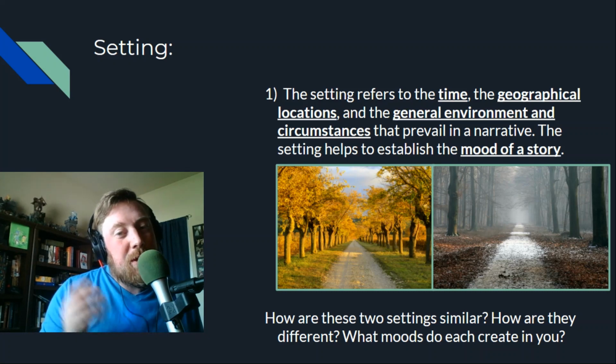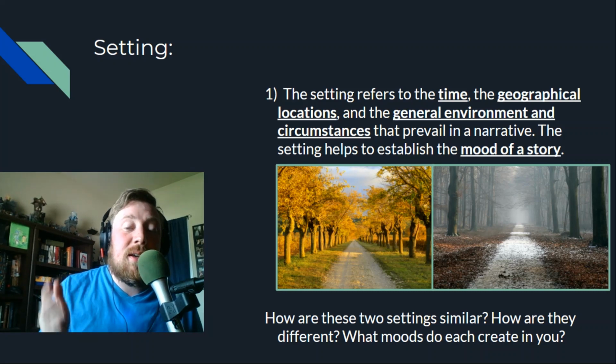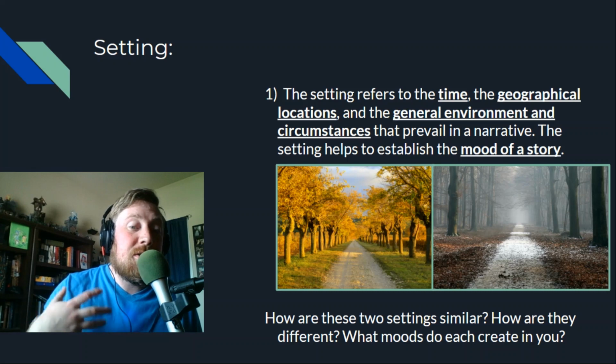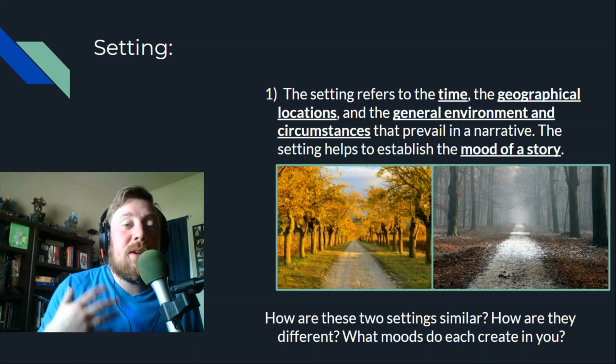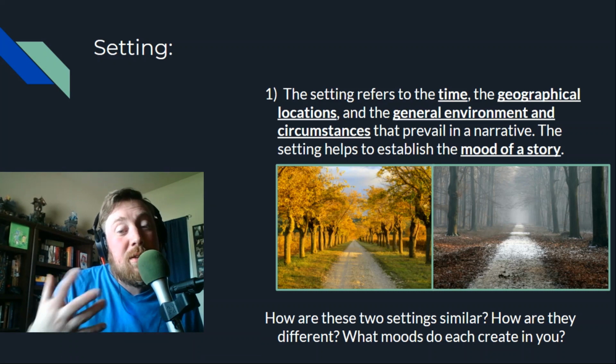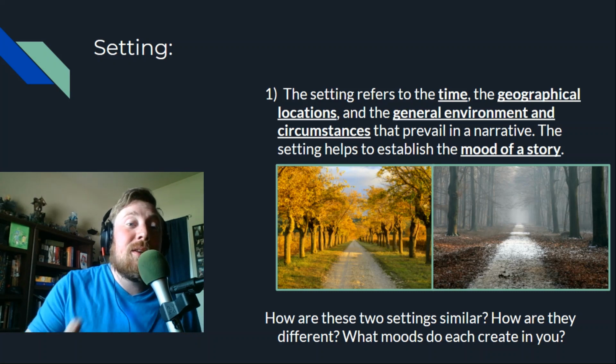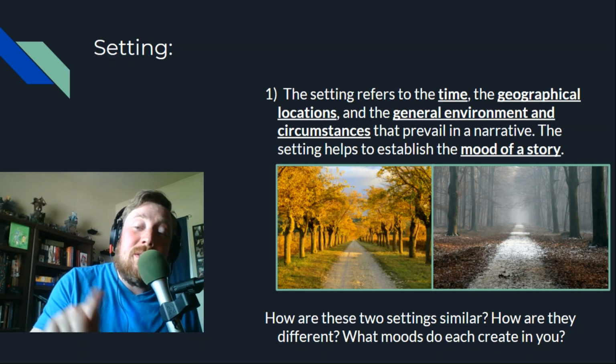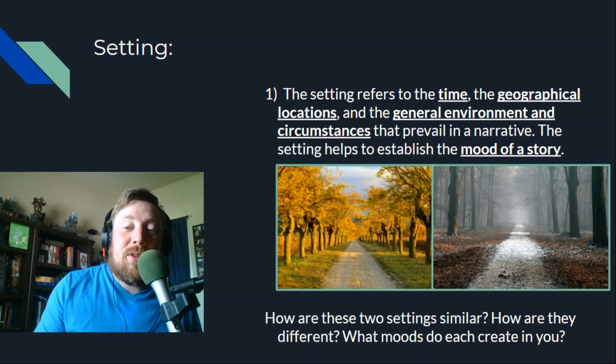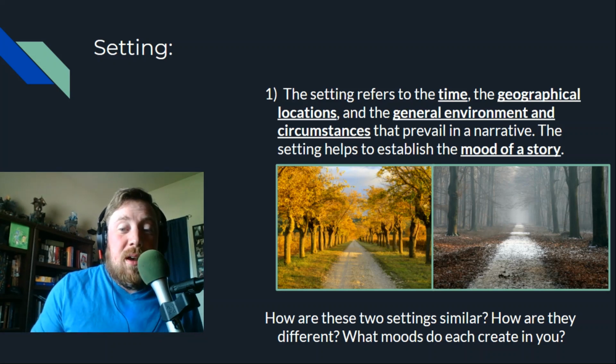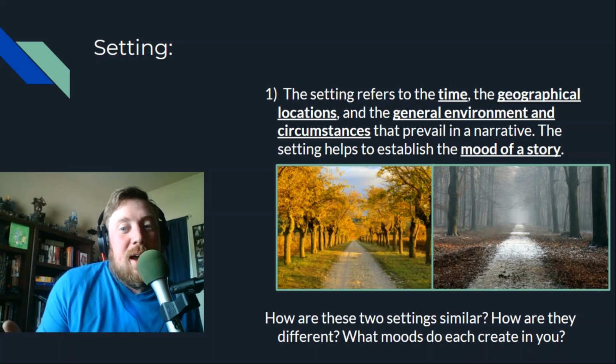Whenever you look at the picture on the left, it's sunny, it's bright, the colors are vibrant, it looks peaceful, it looks calm, and the feeling that mood evokes inside of me is, I say that looks like a very pleasant path. Whenever I look at the one on the right, it's foggy. The colors are a lot more dim. I see that the trees are not alive, now that I think about it.